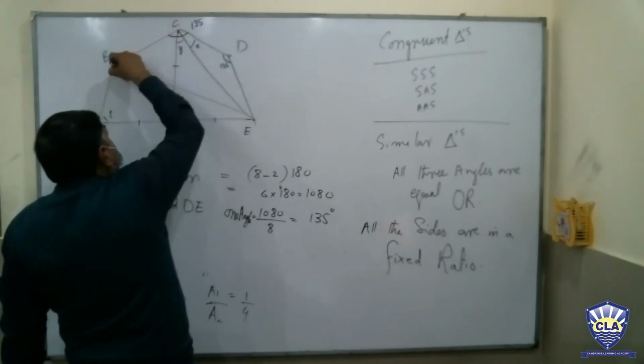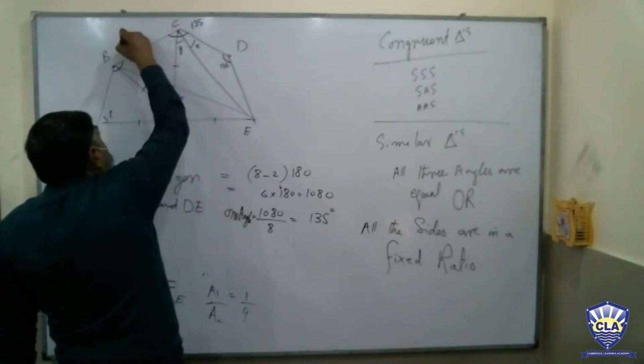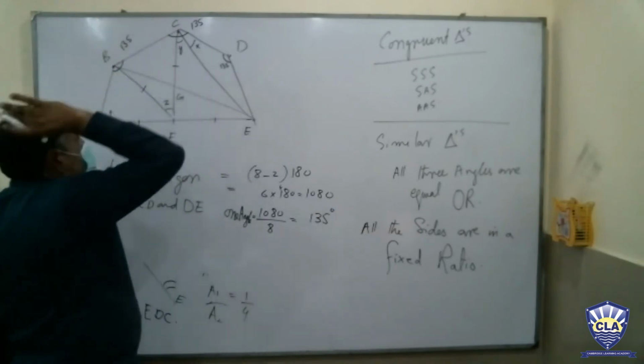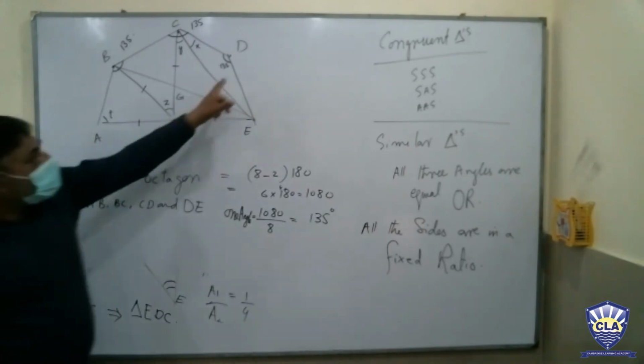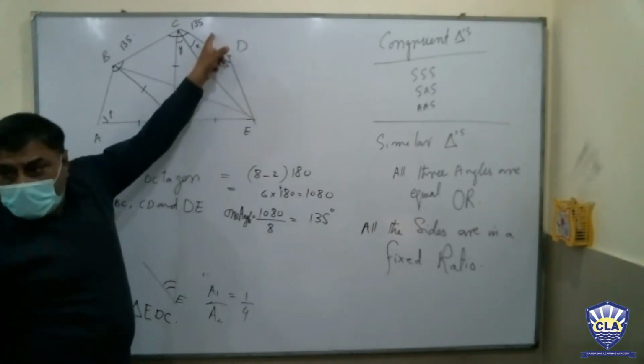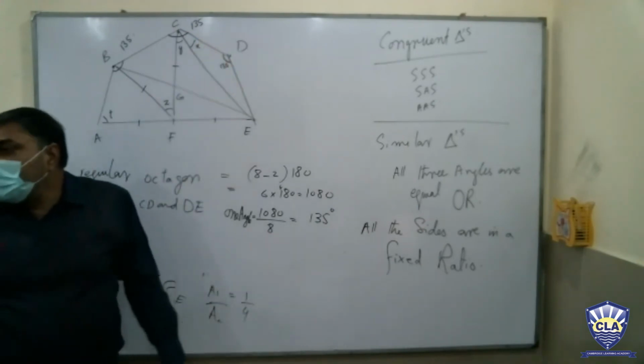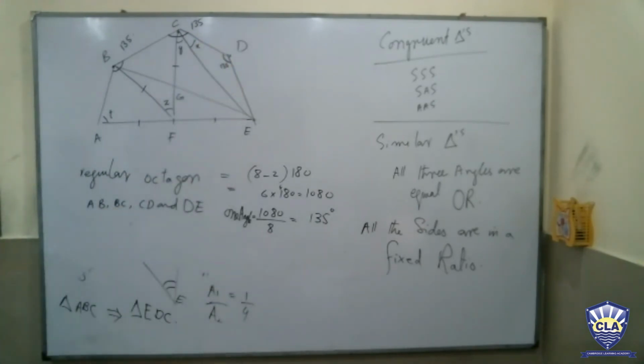This angle is also equal to 135. Both the sides are equal. Sir, if they are equal, can we also mark A and E by halving 135? Where are A and E? Sir, the very bottom.